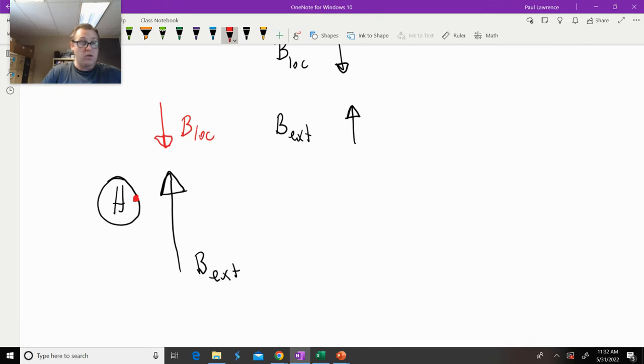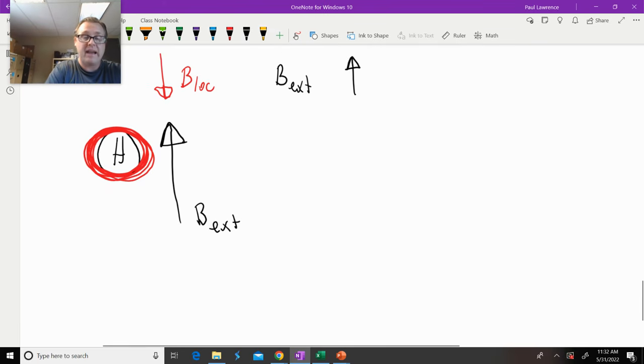And so that local magnetic field shields the nucleus from feeling the external magnetic field. So the local magnetic field is kind of like shielding the proton. Now the proton, which is the nucleus, does not feel the full effect of the external magnetic field.